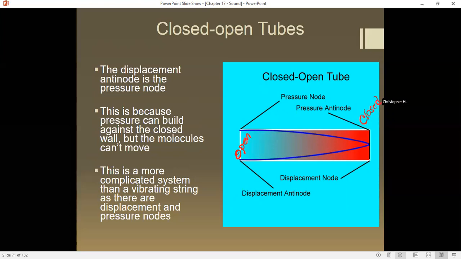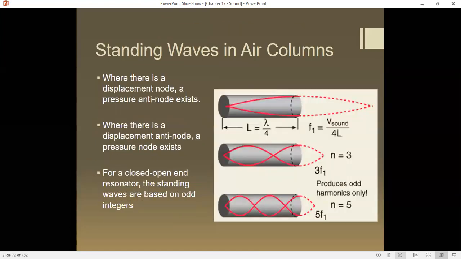The blue line can be the displacement of the molecules, where the red represents where the pressure can build, and the blue represents where the pressure cannot build. So here's our fundamental. Our wavelength is equal to 4 times the total length of the tube, or the length of the tube is 1/4 of a wavelength.